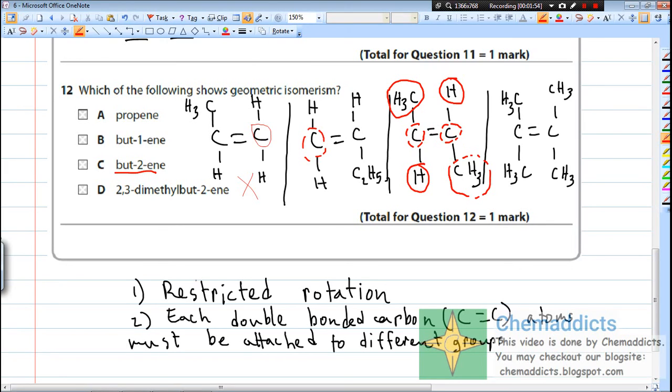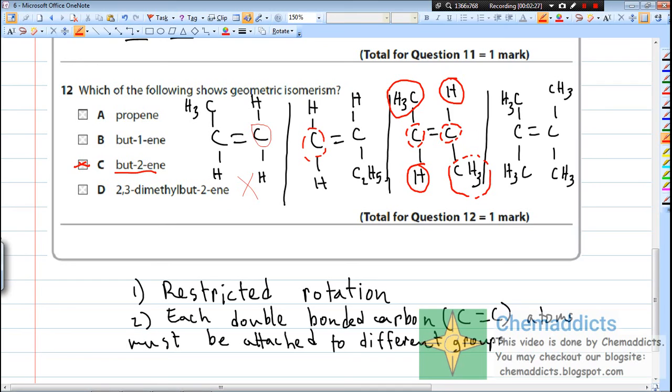And the second criterion it fulfills is that each of the double bonded carbon atoms is attached to different groups. This particular carbon atom is attached to different groups, and this double bonded carbon atom is attached to different groups. So that is why C should be the answer.